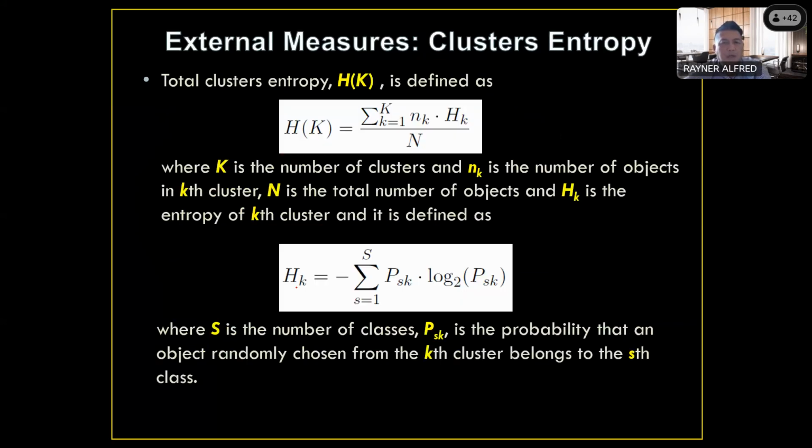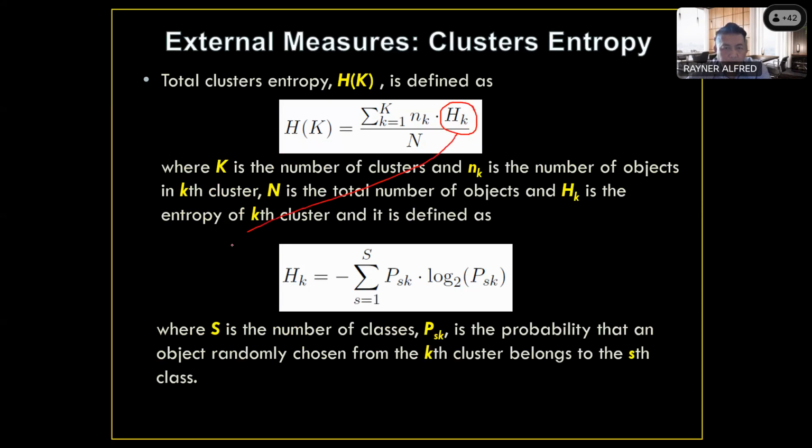Okay, for the cluster entropy, this is looking at the level of membership for each of the items in the cluster. So basically, we are looking at the total entropy. Over here, what we define is the entropy for that particular cluster.